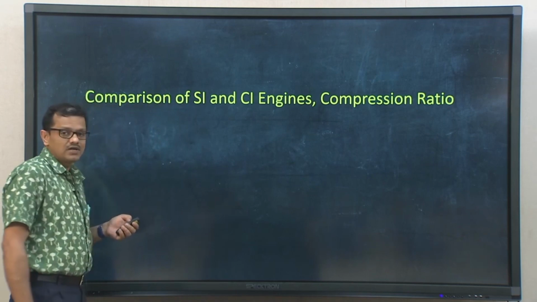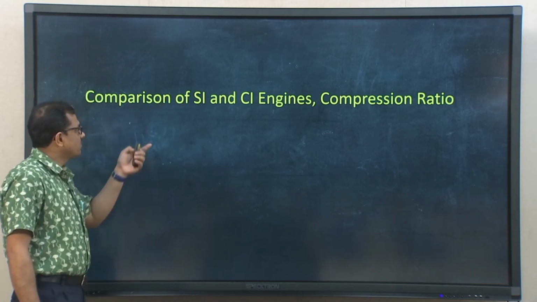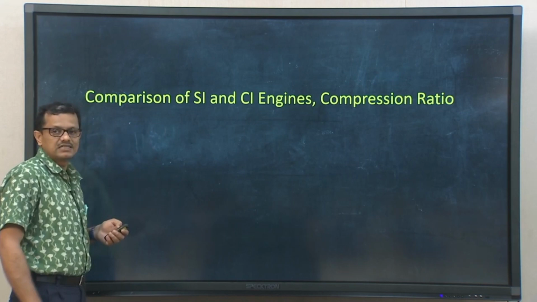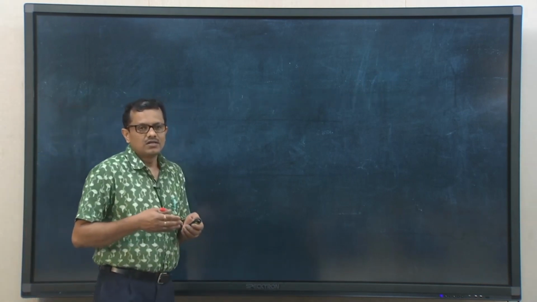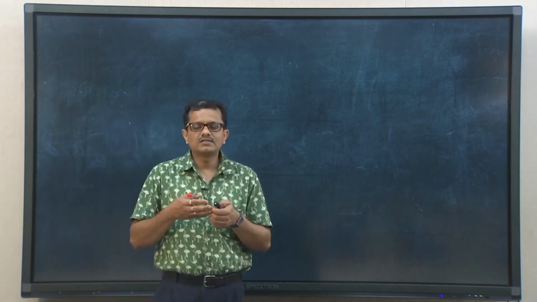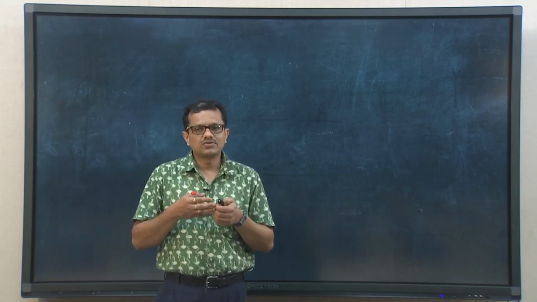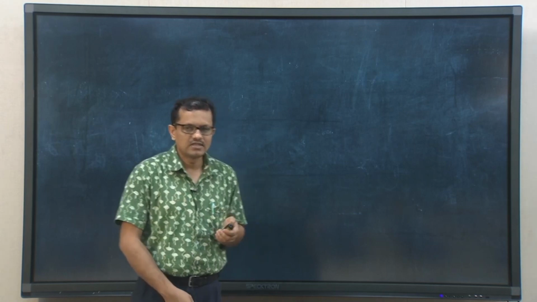So, before coming to the discussion of the comparison of SI and CI engines, I would like to recall the differences between 2-stroke and 4-stroke engines that we have discussed in the last class.